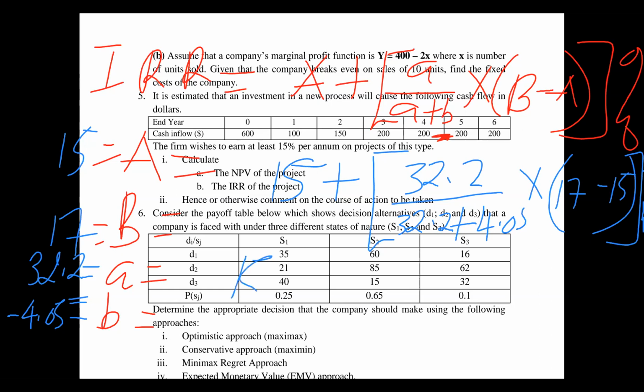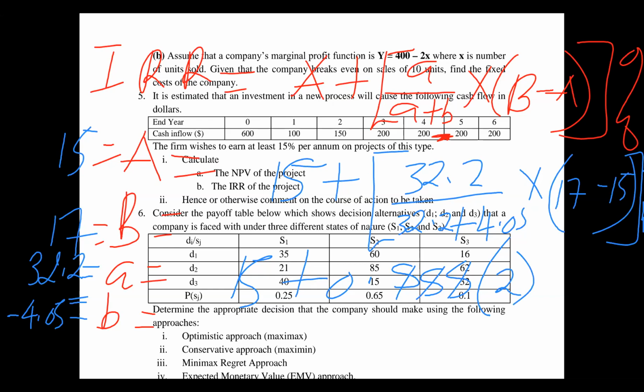So we have 15 plus, let's add here. When you do 32.2 divided by 32.2 plus 4.05, what you should get is 0.888, multiplied by 17 minus 15, which is 2.